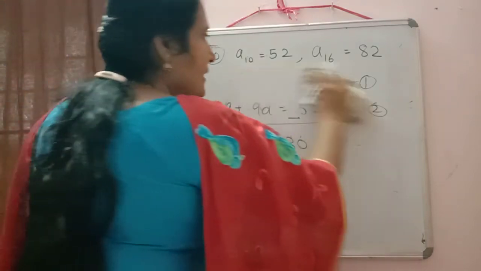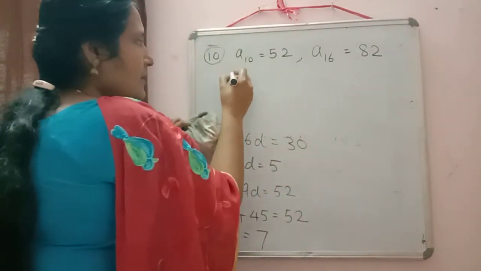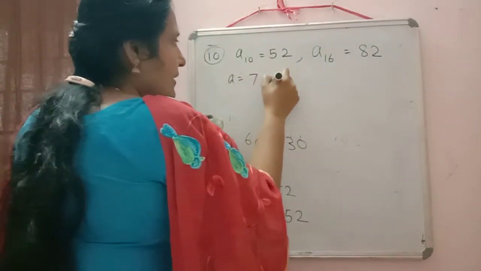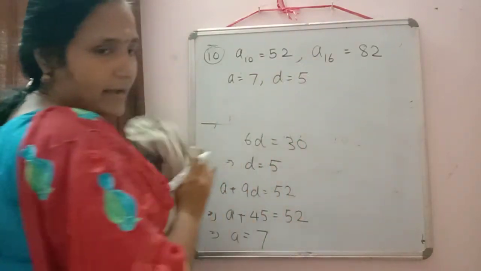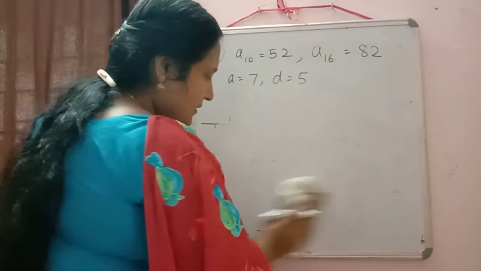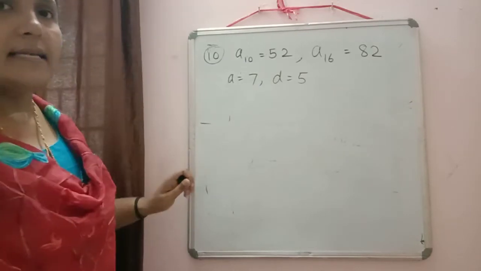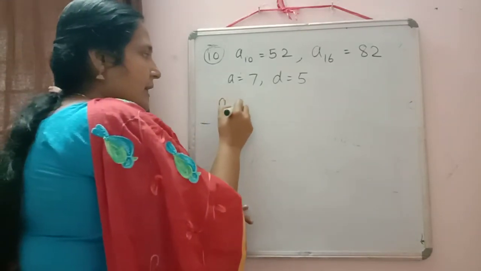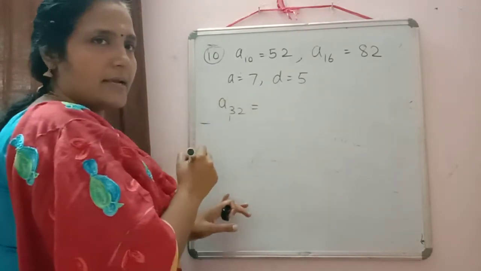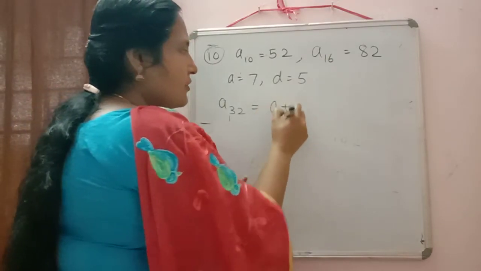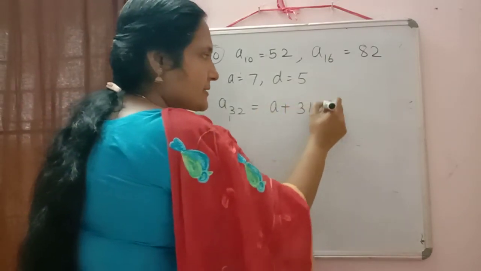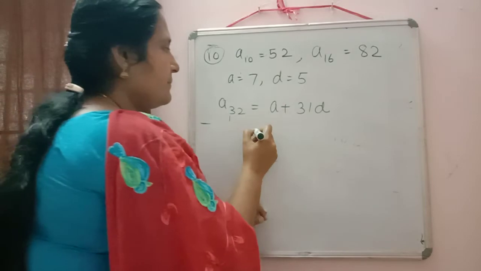So I am writing here, we have A is equal to 7 and D is equal to 5. Then what they asked in the question, find the 32nd term. A32 we have to calculate. According to the formula, what will come? A plus 31D.